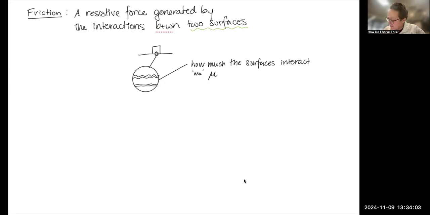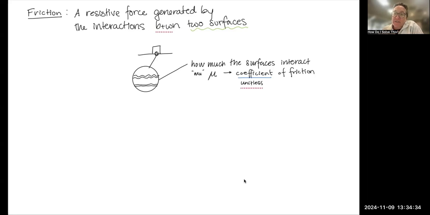And this is the coefficient of friction. It is unitless, which, by the way, anytime in physics that you see the word coefficient, you should know that it means that it's going to be unitless.